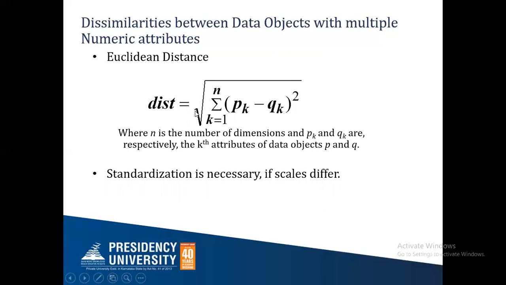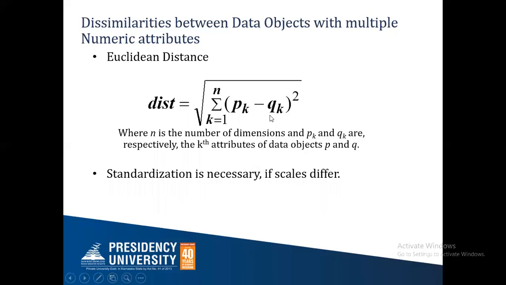Very important to note. Euclidean distance is based on the Pythagoras theorem, wherein we write the root of the square of the difference. So here we take P and Q, wherein we have, for example, n number of dimensions.